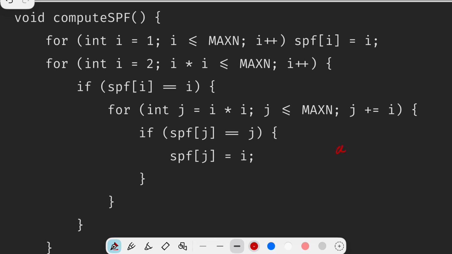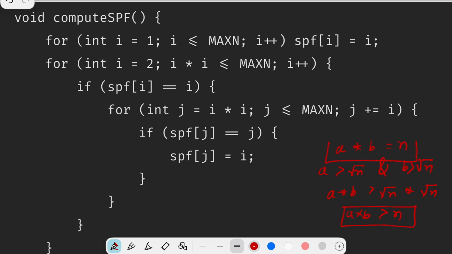Let's say A into B is n. Then it is impossible to have A greater than root n and B greater than root n. It's impossible, because if you multiply them together, then you will have A into B, which will be definitely greater than root n into root n, which tells you that A into B is greater than n.